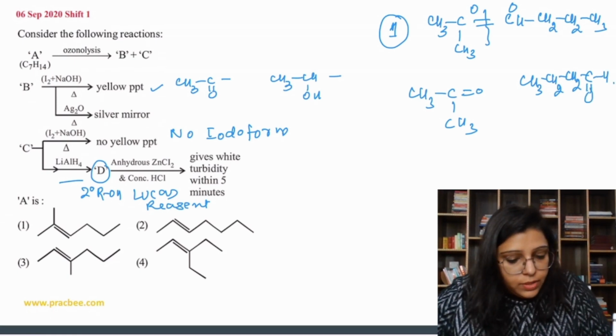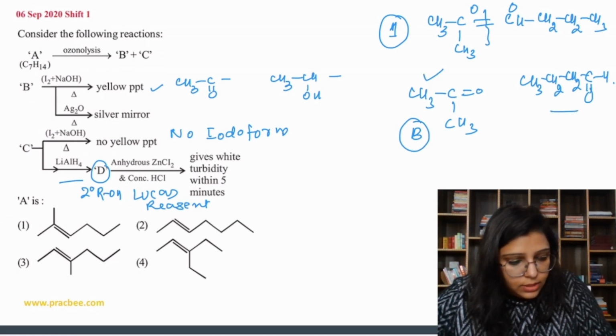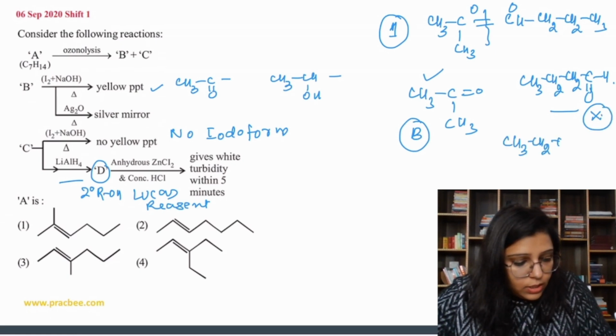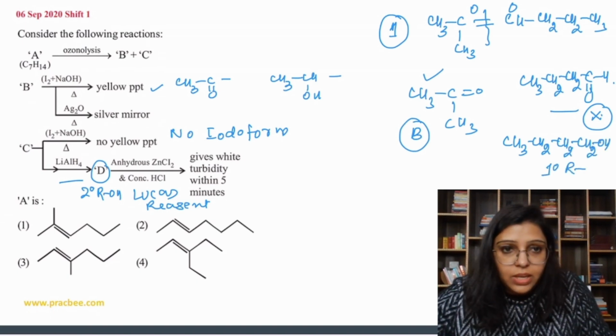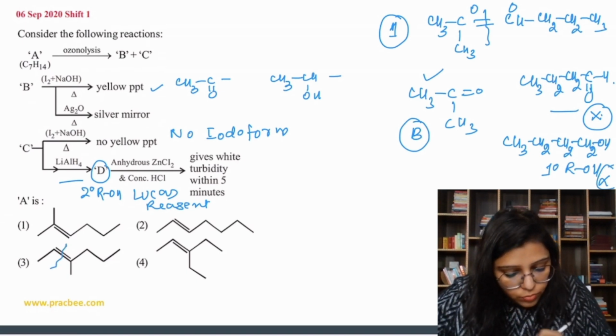So if this is B, because B can undergo iodoform, this can happen, and this is C, iodoform will not happen, very good. But on reduction with LiAlH4 we get CH3 CH2 CH2 CH2OH, which is a 1 degree alcohol. So we cannot have this, right?